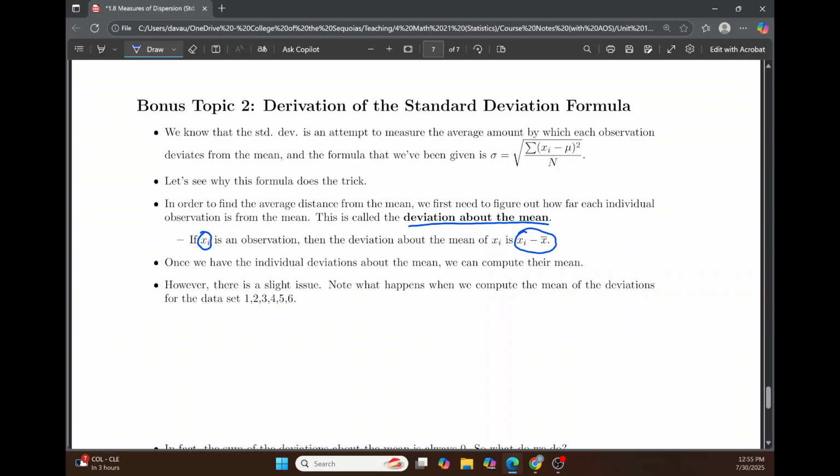That's how far away x sub i is from x bar. We would do that for every observation in the data set. So for all of the x sub i's in the data set, we would do x sub i minus x bar. Once we have those individual deviations about the mean, we can compute their average, right? Their mean. But there's a slight issue here.